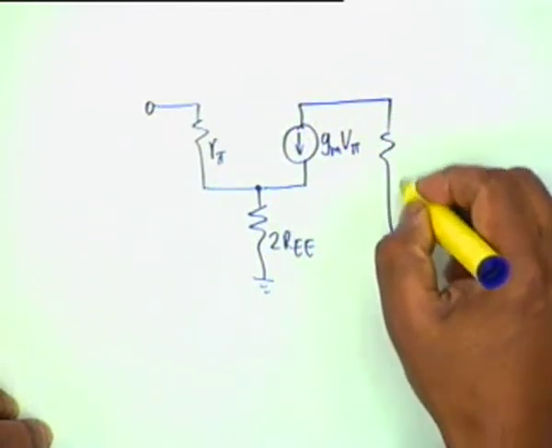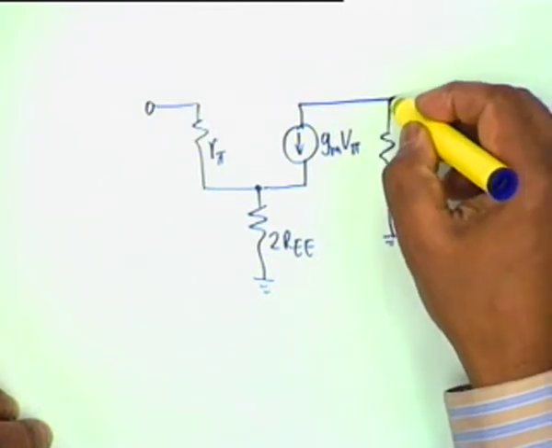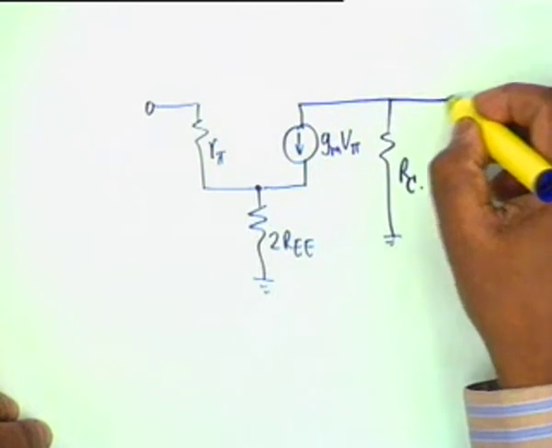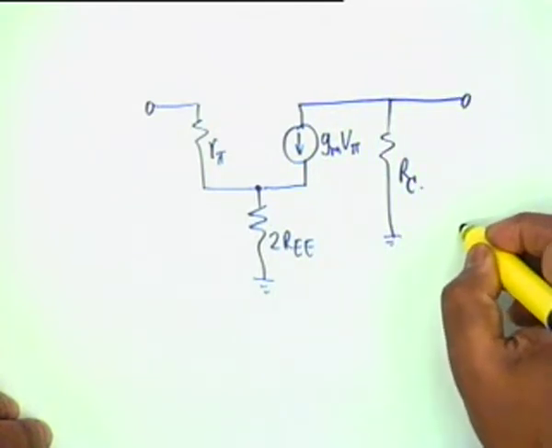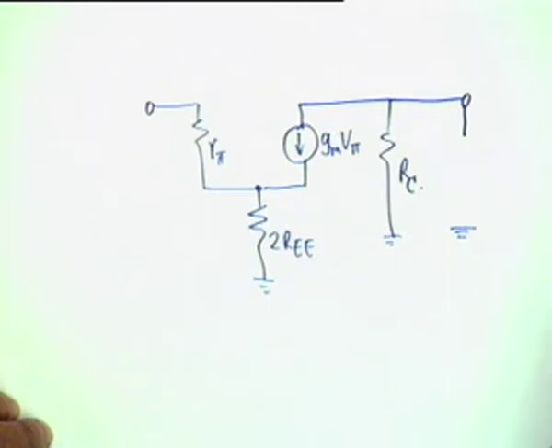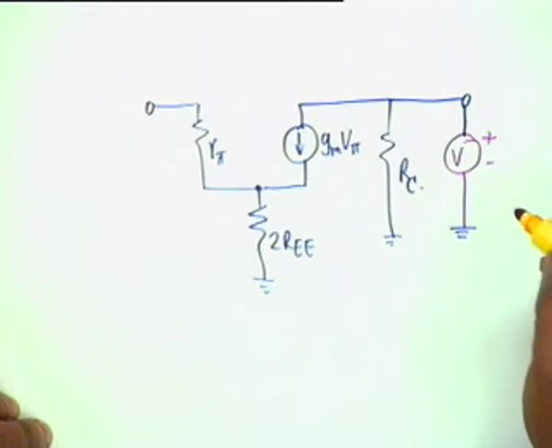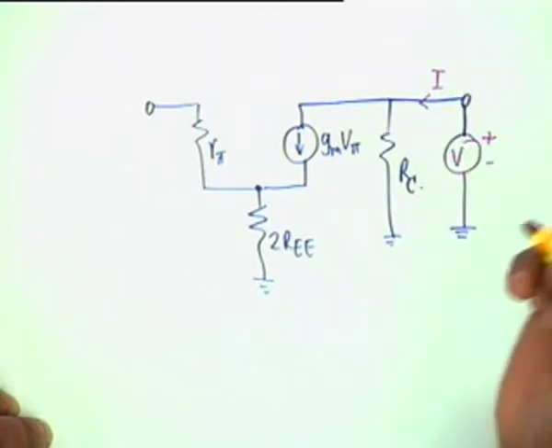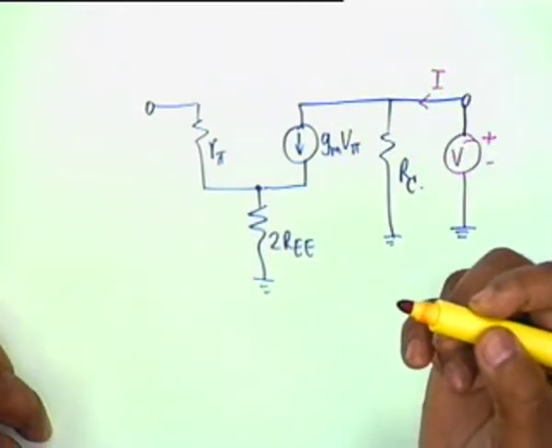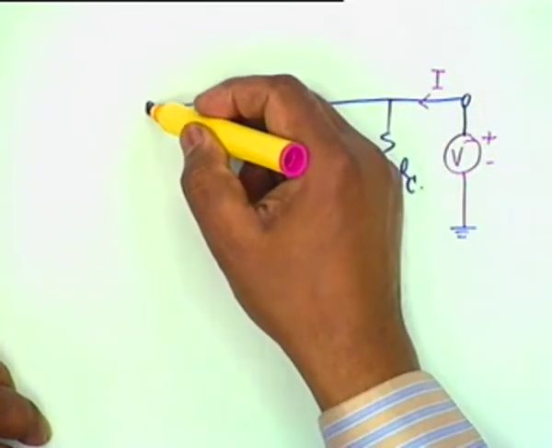This is the equivalent circuit, R sub C, okay? And in order to find out the output impedance, what we are going to do is to connect a voltage source here, V, and find out the current I, okay, with the input voltage source short circuited.